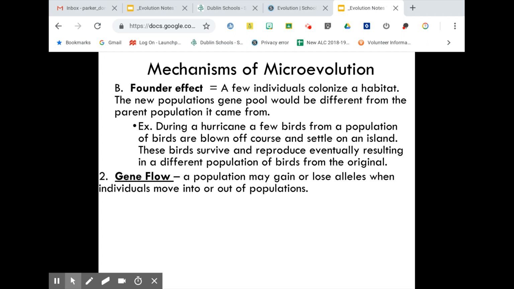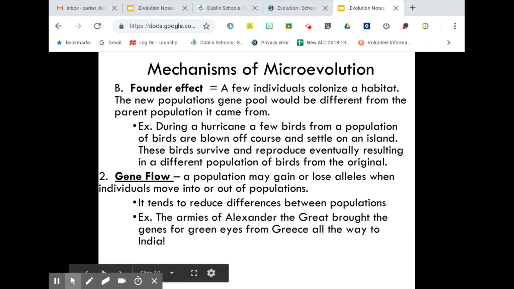Gene flow is the gain or loss of alleles when individuals immigrate or emigrate in a population. Okay, so remember, into and out of populations, both of these sound alike but are spelled differently, immigration and emigration. And basically, this tends to reduce the differences between populations.